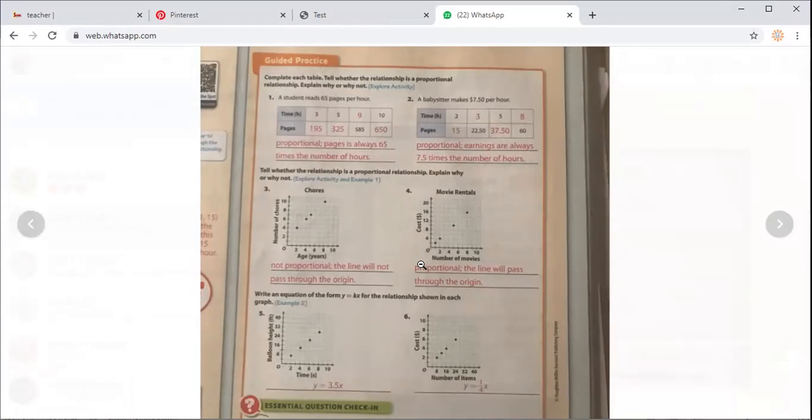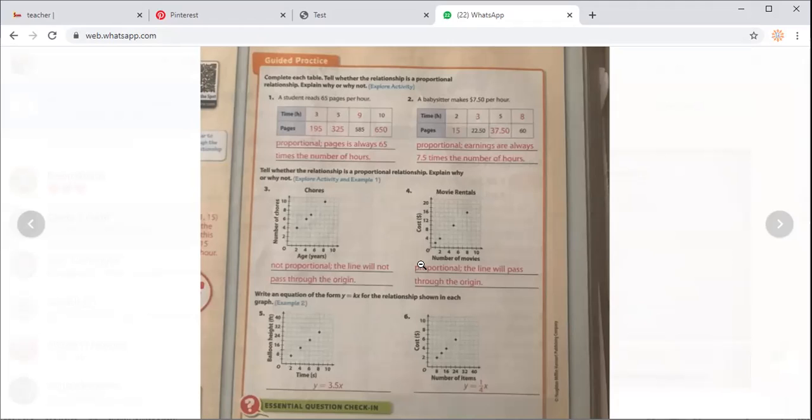He gave us 3 and 195, 5 and 325, 9 and 585, 10 and 650. Is it proportional or not? The same, we will find the constant value. The constant value is always 65, so it will be proportional. The second has the same.